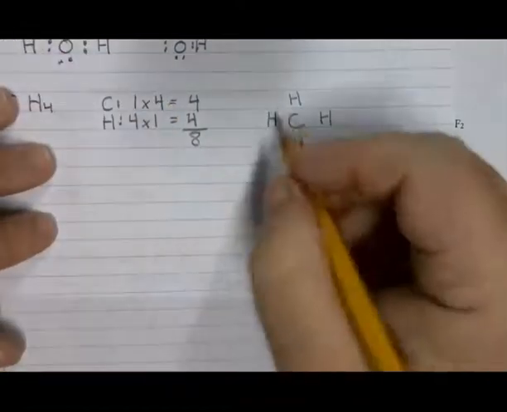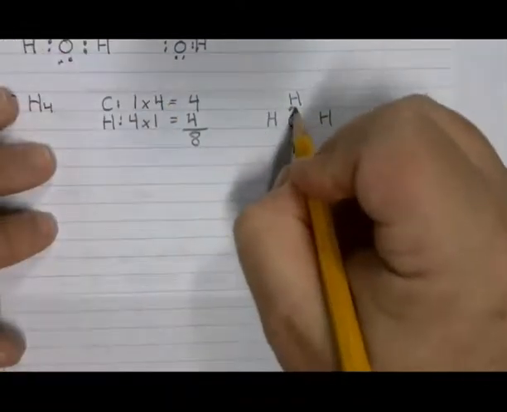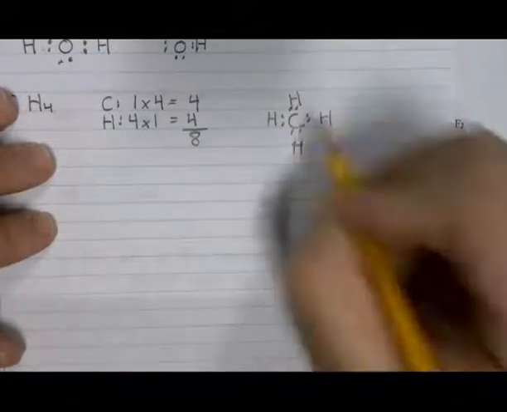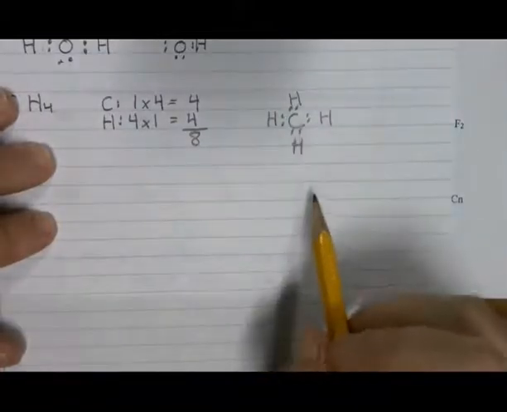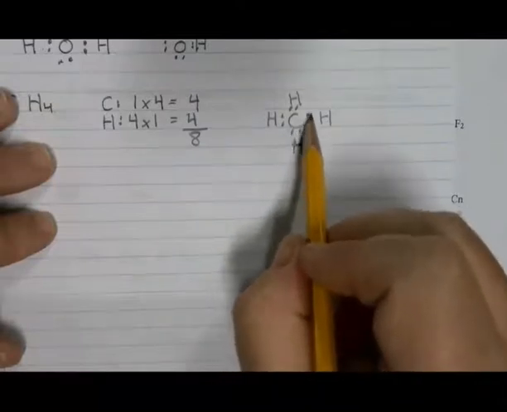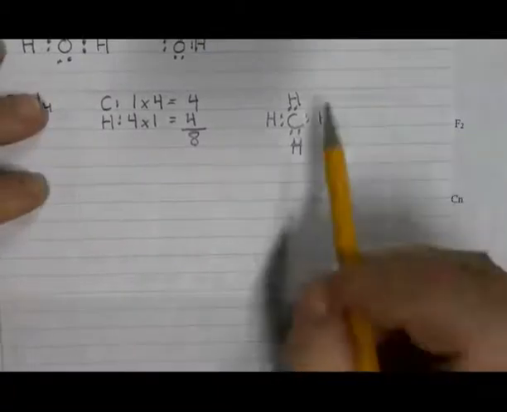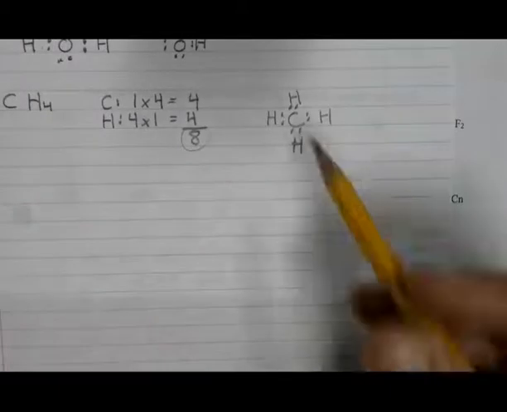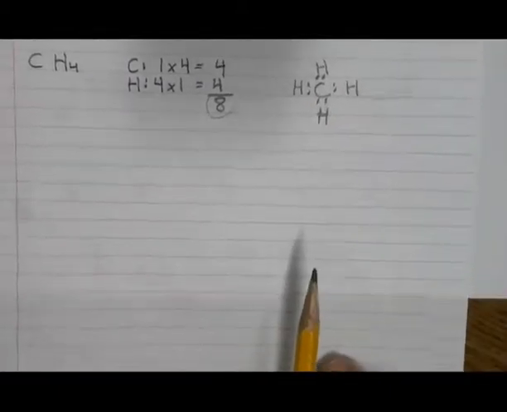Okay, so we're going to put an octet around carbon. 1, 2, 3, 4, 5, 6, 7, 8. So carbon has a full octet, and as you'll notice, the hydrogens all have full octets as well. 2 electrons is what hydrogen can hold, and we have a total of 1, 2, 3, 4, 5, 6, 7, 8. That's how many we had to work with. So that's our diagram for methane, CH4.